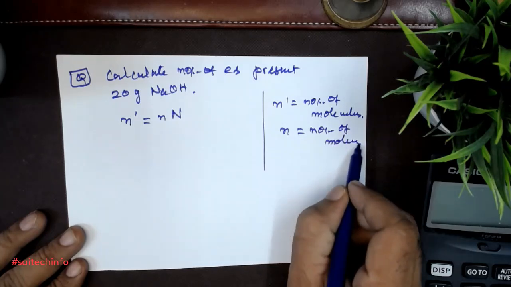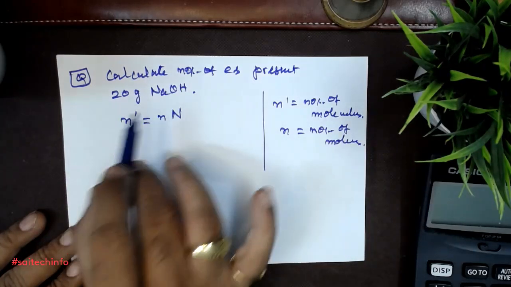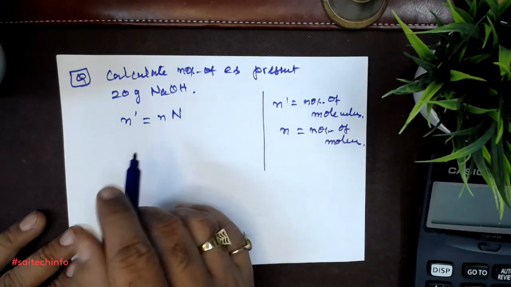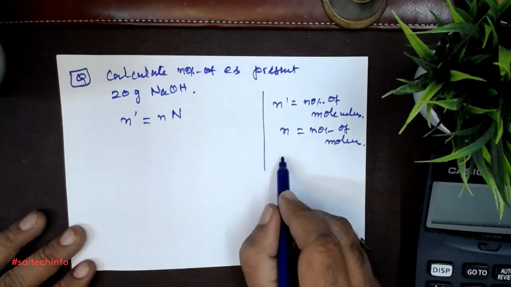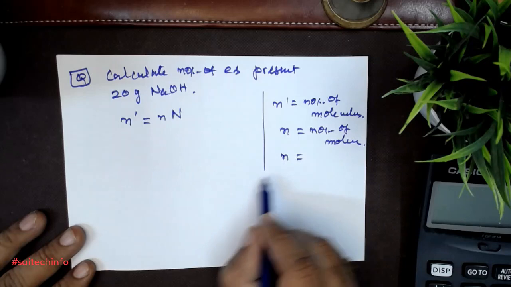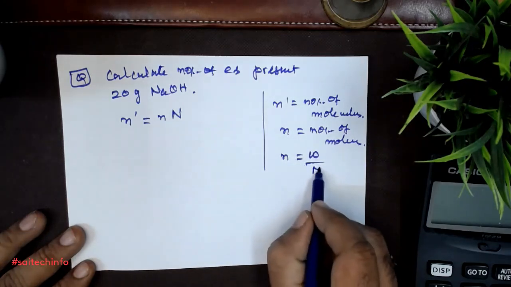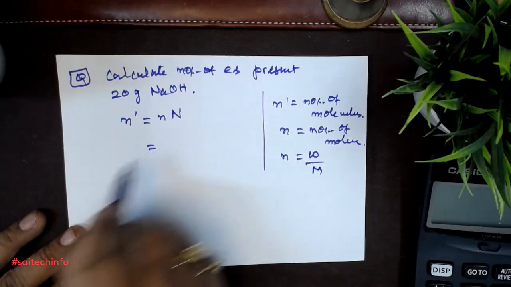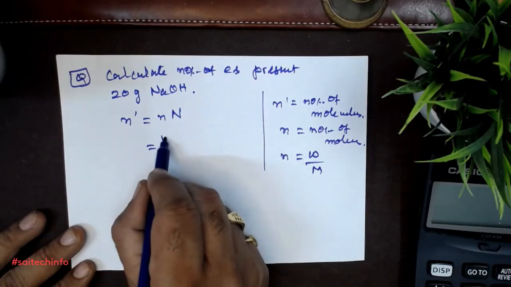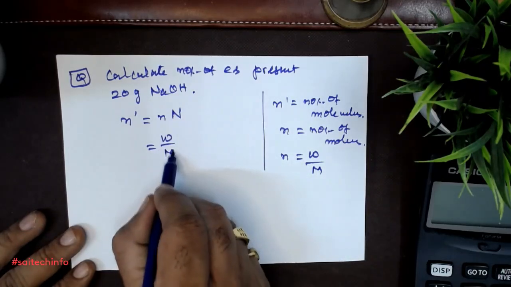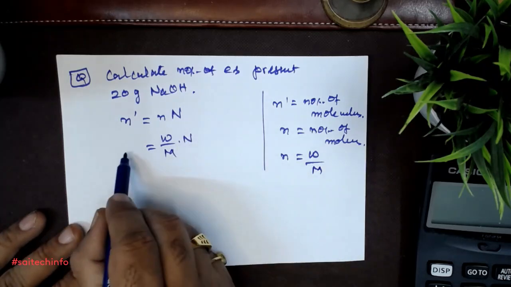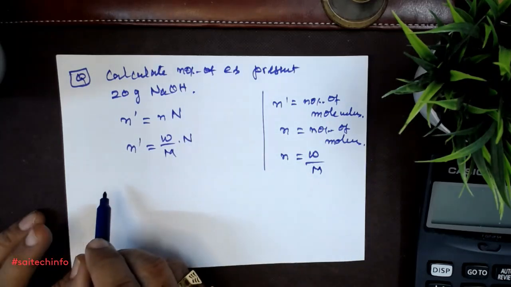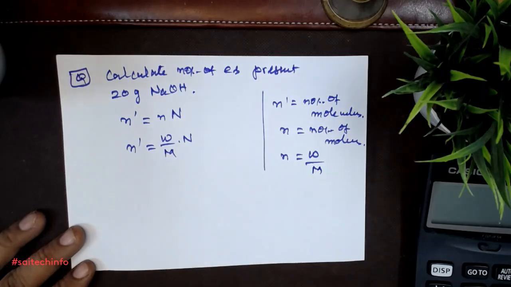Here it is given simply as 20 gram, not in moles. We already have the formula, N is equal to weight by molecular weight. So instead of N you can put W by M into Avogadro's number. From this you can calculate the number of molecules of sodium hydroxide.